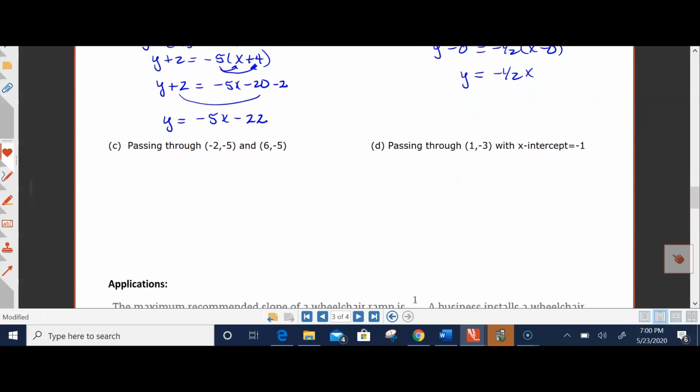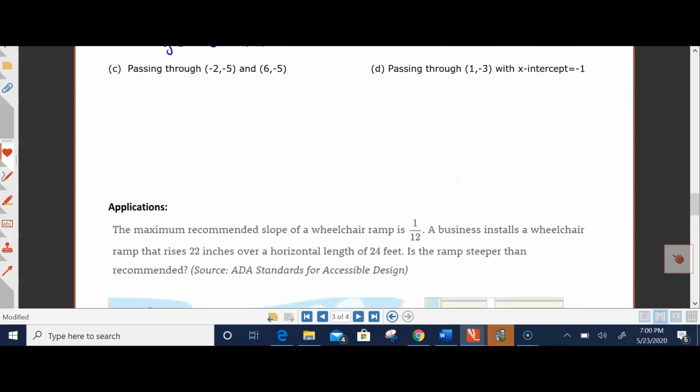Okay, so we're wanting to find the equation of a line, and it's passing through 2 points. So we didn't see this one earlier, but what can I do with 2 points? Well, with 2 points, I can find my slope.